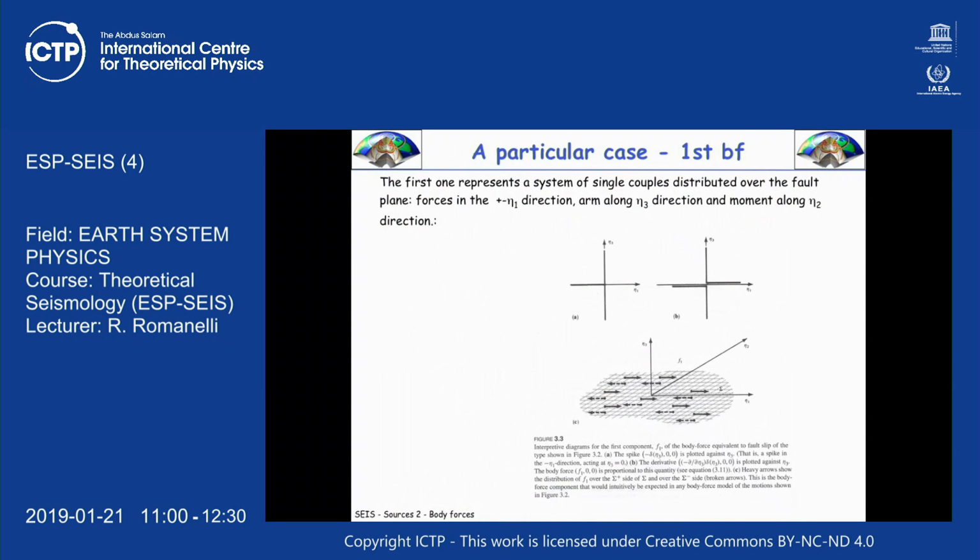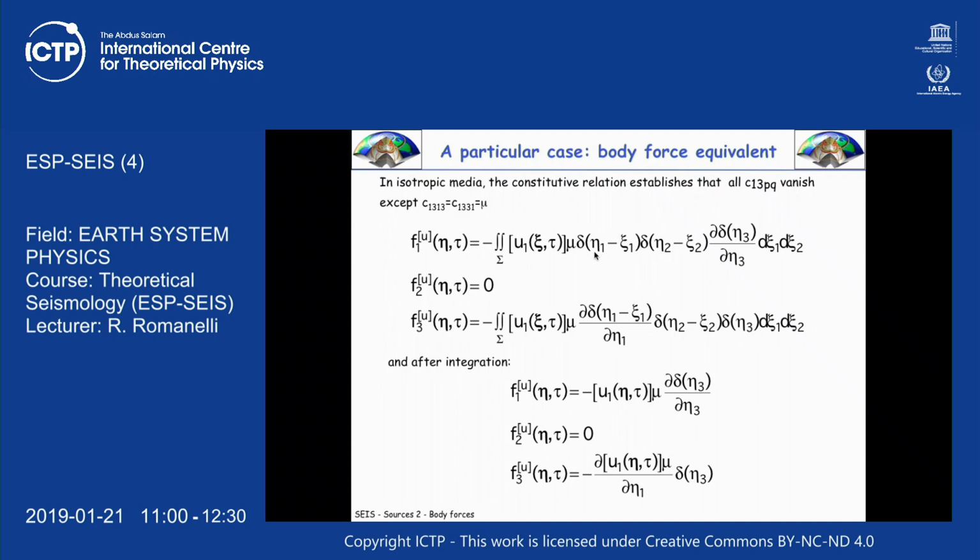Now, what about the first one? Well, the first one is something that is going to become quite intuitive. Why? Well, take a look. Here or here. What does it mean computing a derivative of a delta? That you are creating an arm. Every time that you take a force and you take a derivative of it, you are creating an arm.